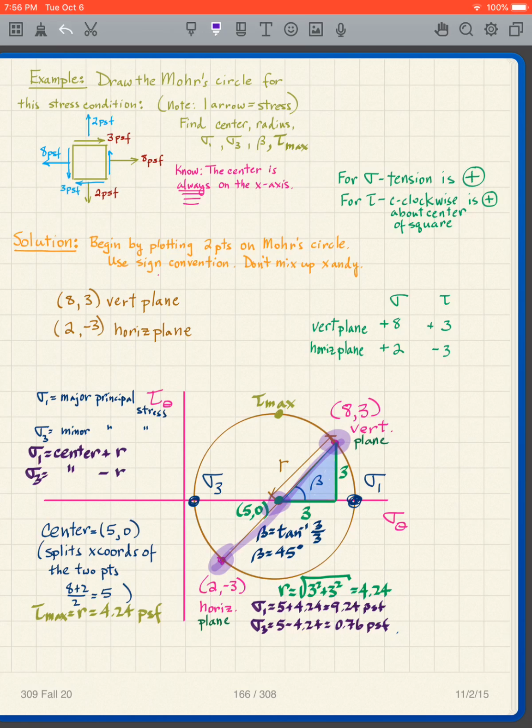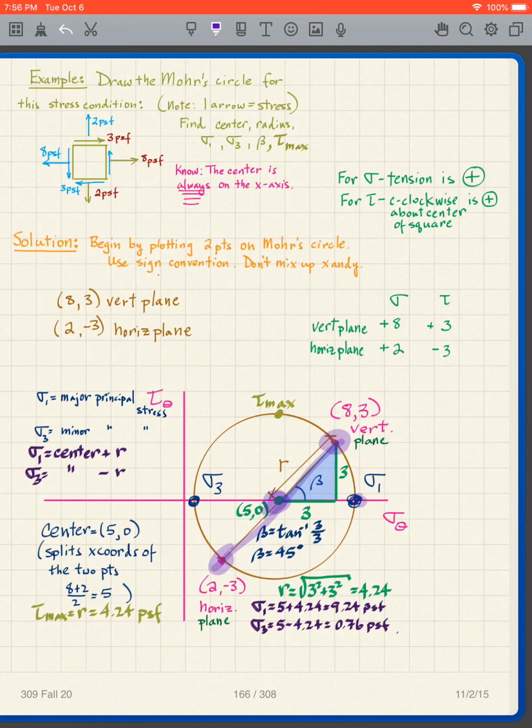Once I have that, then I can get a lot of information from this. I'm going to call this point over here on the x-axis sigma 1. I'm going to call this point over here sigma 3. So it's also going to be on the x-axis. Also called the major principal stress, minor principal stress. And what's the value of sigma 1?